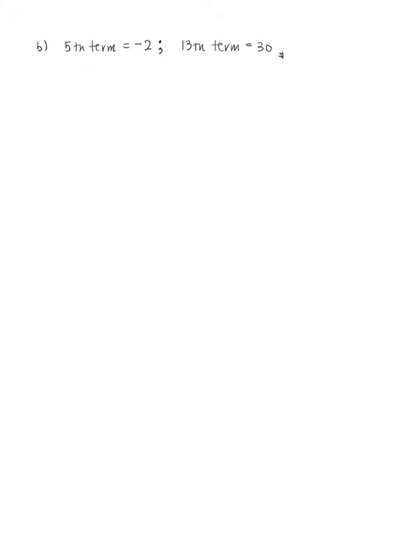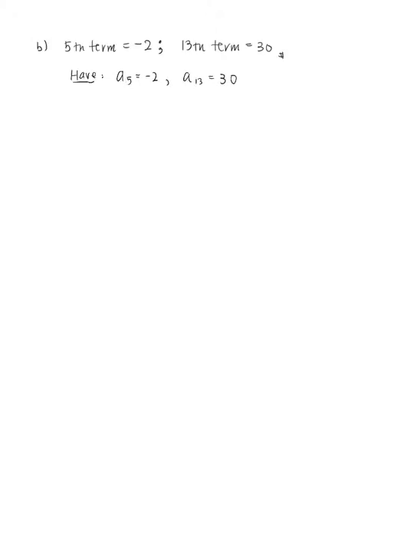Let's do another example. So why don't you try this on your own and see if you can get it or not. So just pause and try it. So let's jot down what we have. We have that a sub 5 is negative 2, and then a sub 13 is 30.